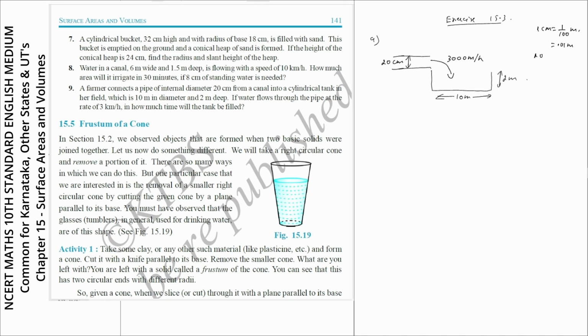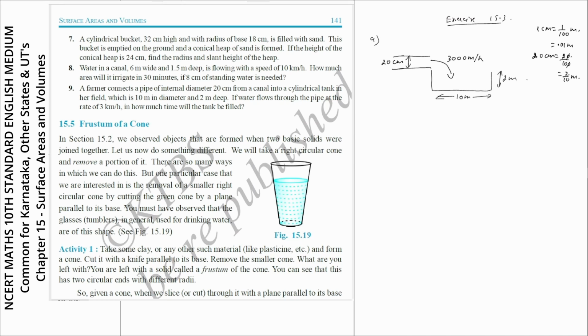Therefore 20 centimeter is 20 by 100, which is equal to 2 by 10 meter. So this is the diameter of the pipe.